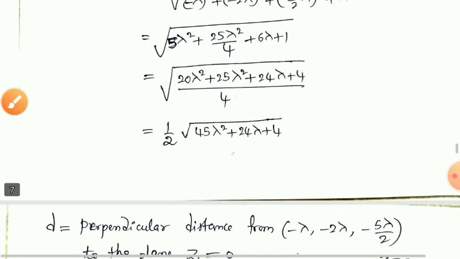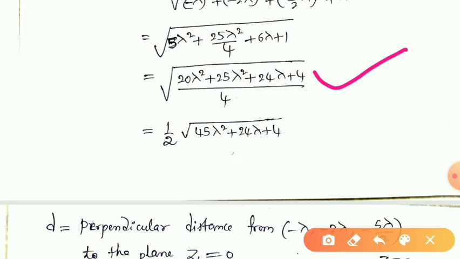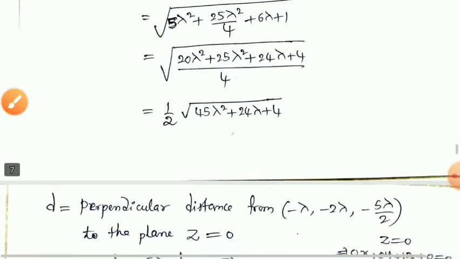Taking LCM, 4 fives are 20 lambda square plus 25 lambda square, nothing but 45 lambda square plus 24 lambda plus 4. So this is what we obtain. This is the radius of the sphere we have to find.